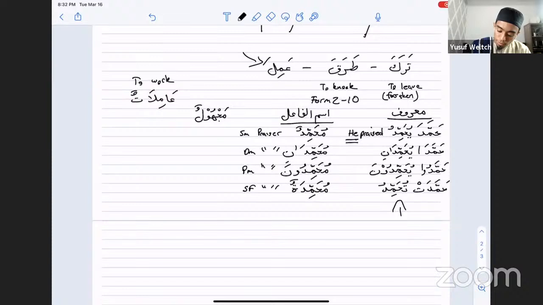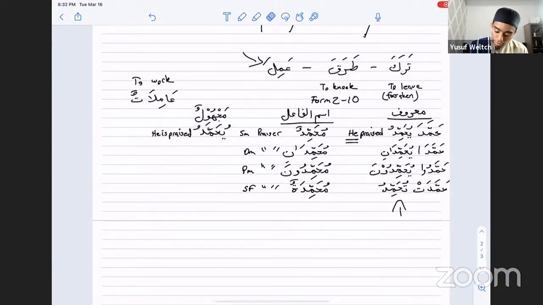So yuhammidu, the first letter is already a dhamma, so we can keep that. Yuham, second to last letter must be a fatha. So it becomes what? Yuhammadu. What does that mean? He is praised. He is or will be praised. So present or future tense are both included.